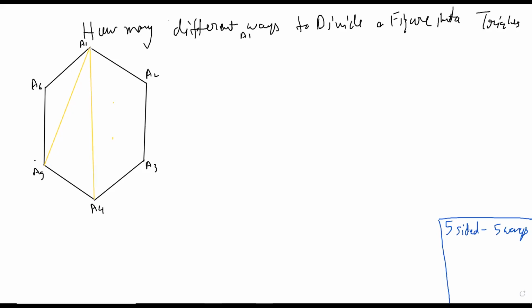So first we are trying to draw these kinds of designs, and there will be 6 of them, right? It is clear, right? Because the same thing you can do from A2, A3, A4, A5. Maybe I'll draw a rough sketch of another one. Like this, and then from here I can do.